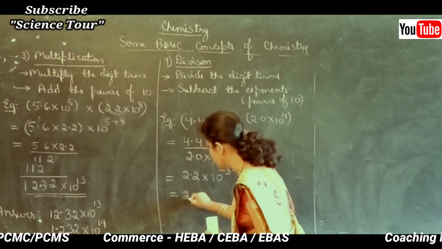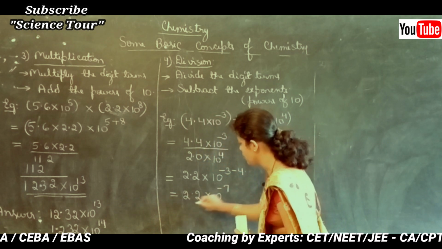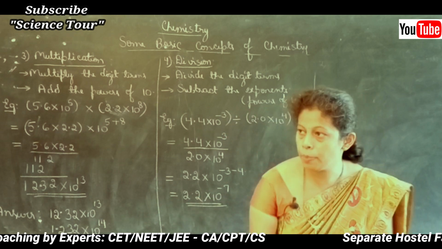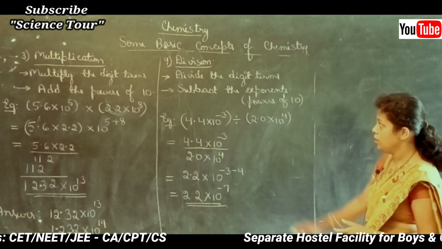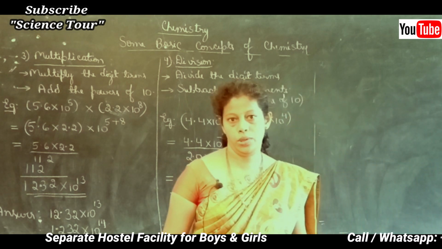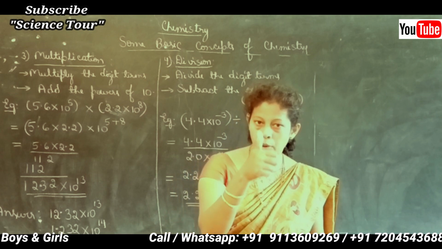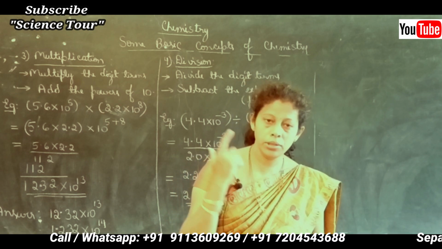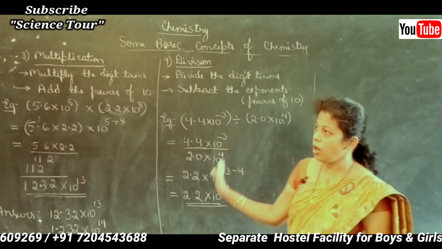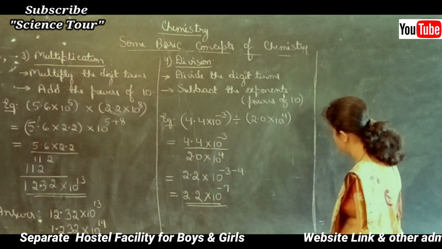So the answer is 2.2 into 10 to the power minus 7. So this is about the mathematical operations of scientific notation. We have studied addition, subtraction, multiplication and division. So this is all about scientific notation and the mathematical operations.